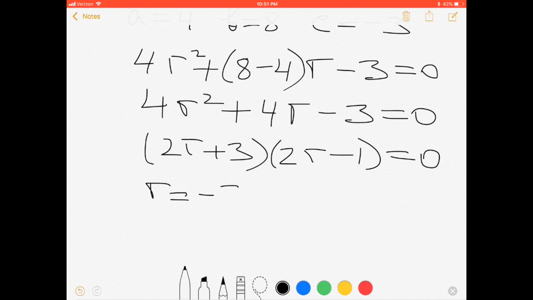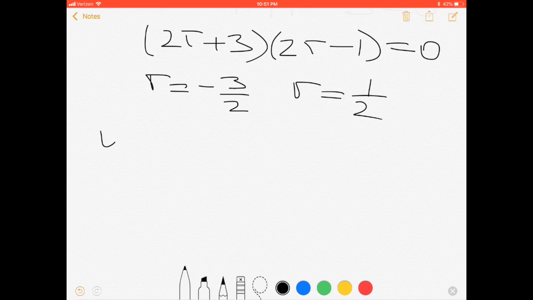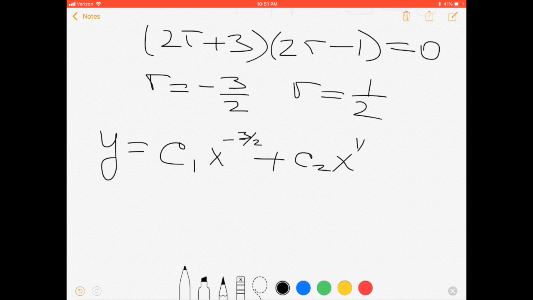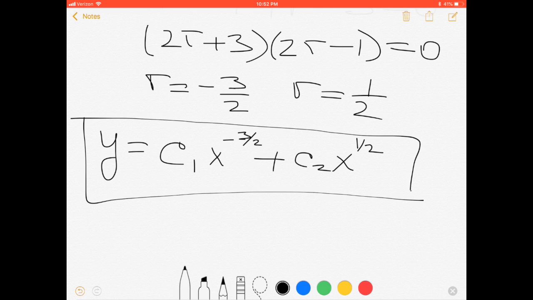Here r equals negative 3 halves and r equals 1 half. And the general solution will be c1 x to the negative 3 halves power plus c2 x to the 1 half power. This is all I want to tell you about section 2.1.